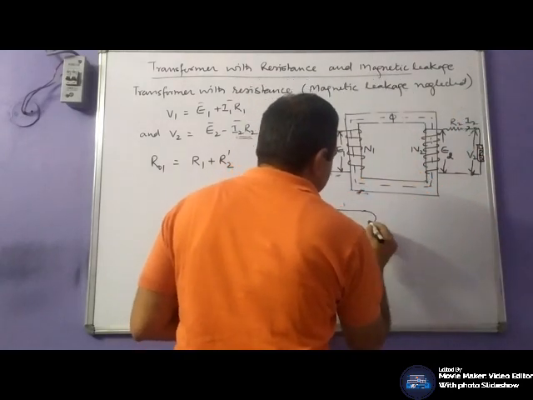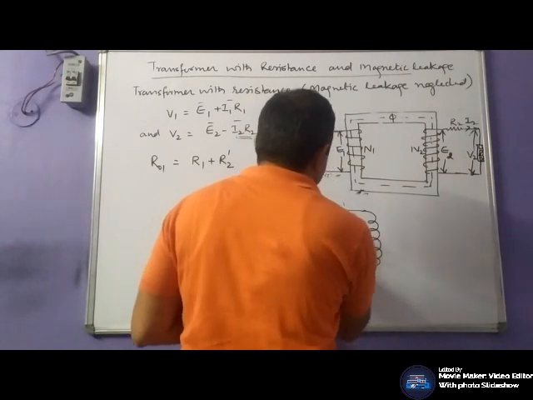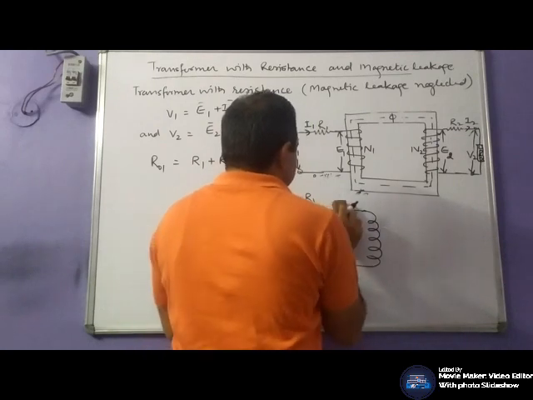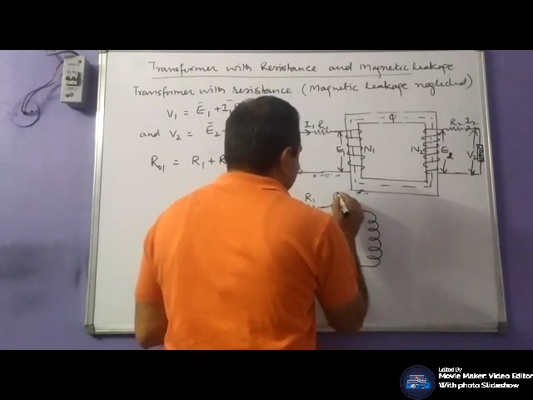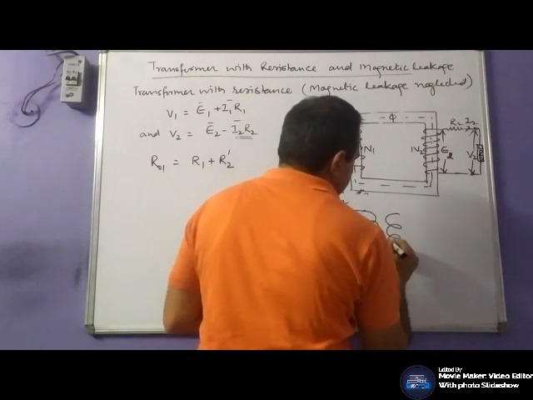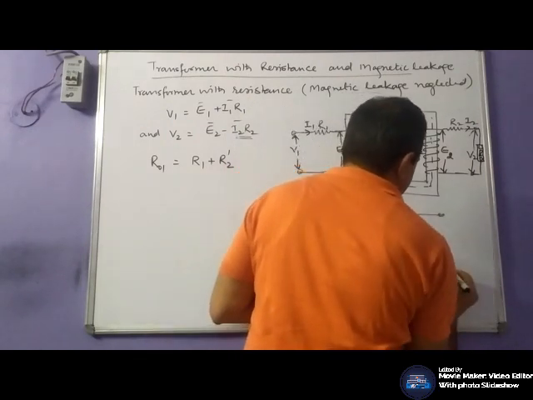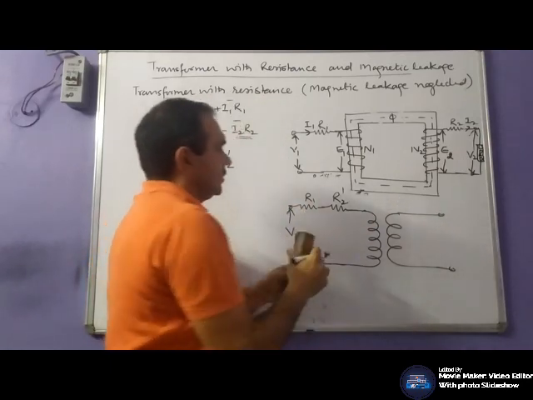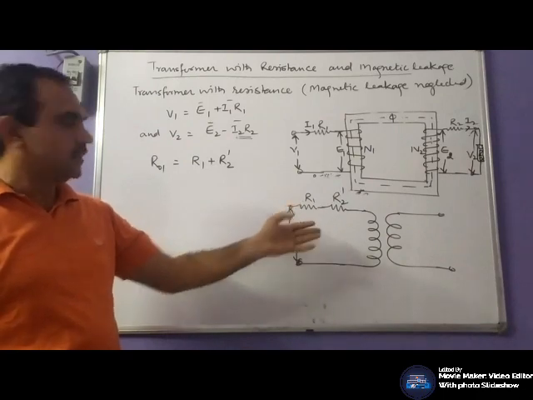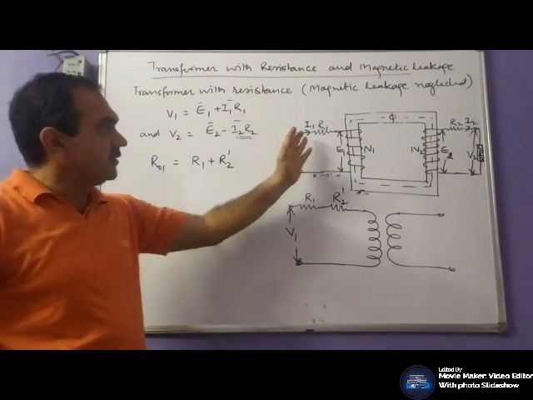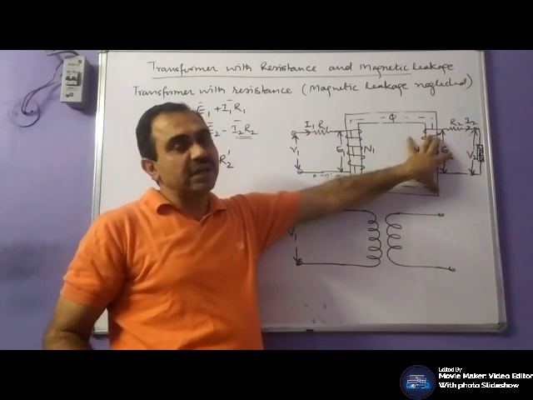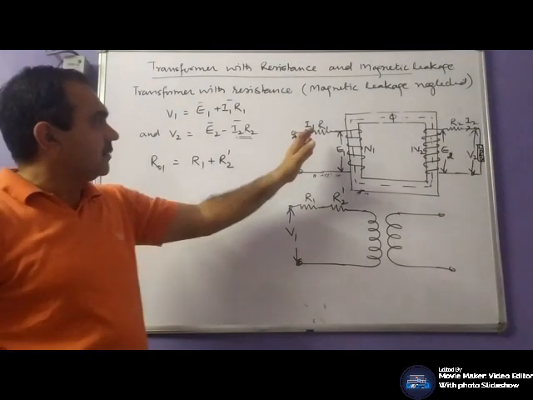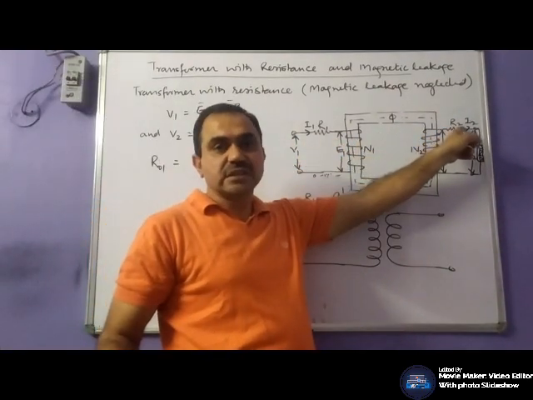Means if we see the winding, we see resistance R1 and we have transferred this resistance R2, and its equivalent value is this one. So that resistance we have transferred on the primary side. Then what we said, the resistances would be transferred in such a way that percentage of voltage drop should remain same.